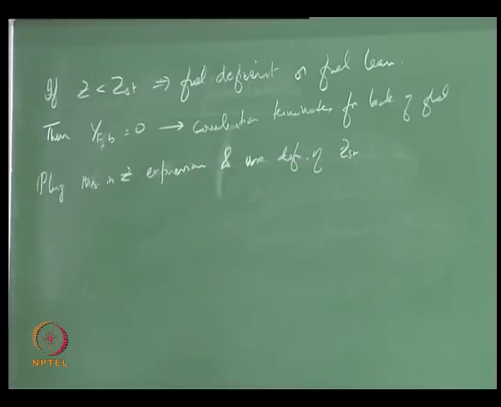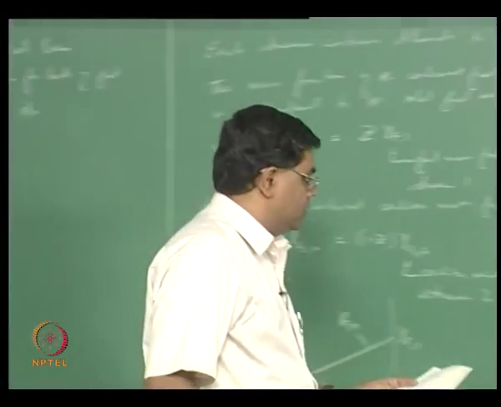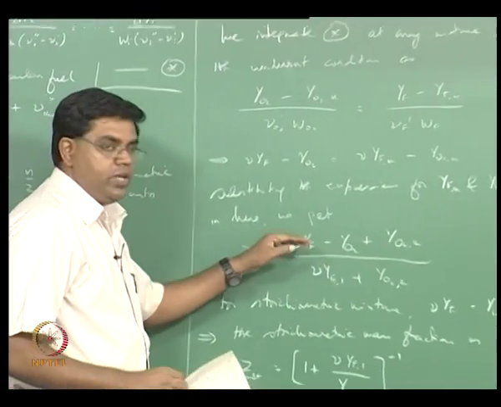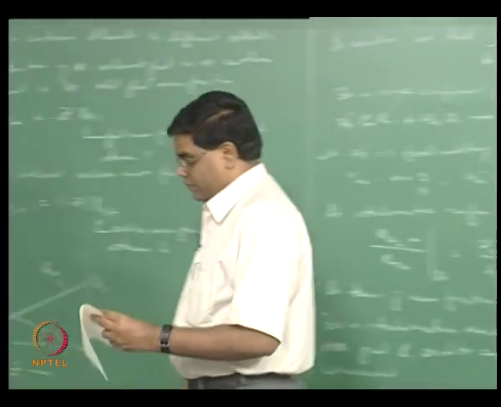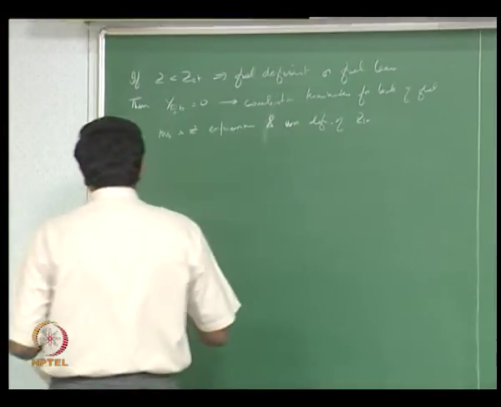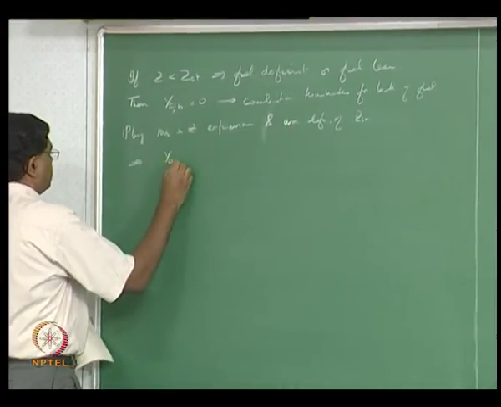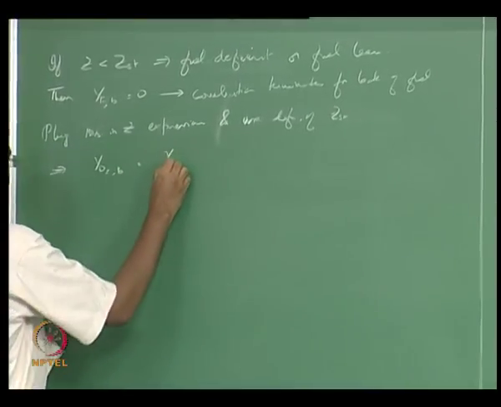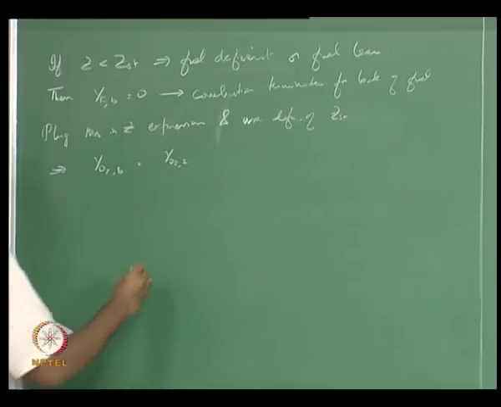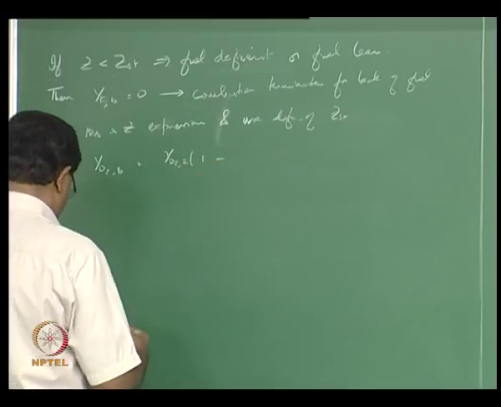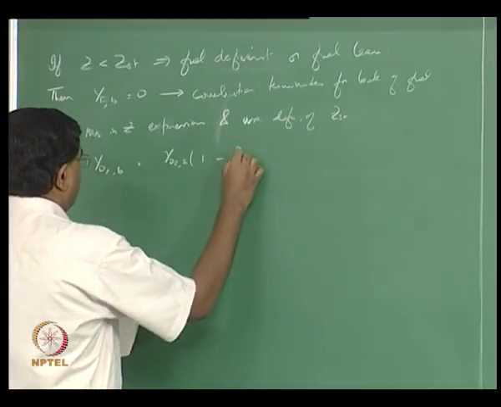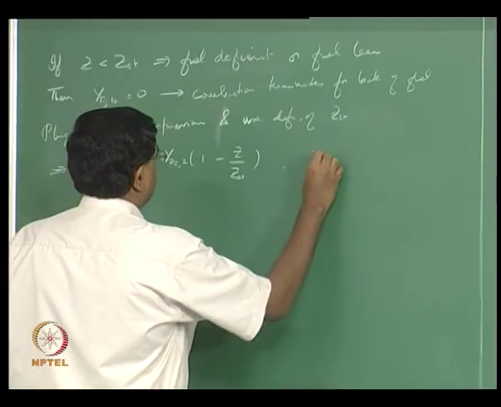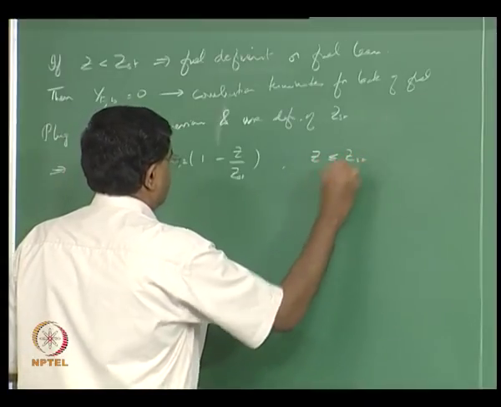You should now get, so if you now plug in the expression for Z, YFB is equal to 0, then from there you now rewrite, you should get YO2 comma B equal to YO2 comma 2 times 1 minus Z divided by ZST for Z less than or equal to ZST.